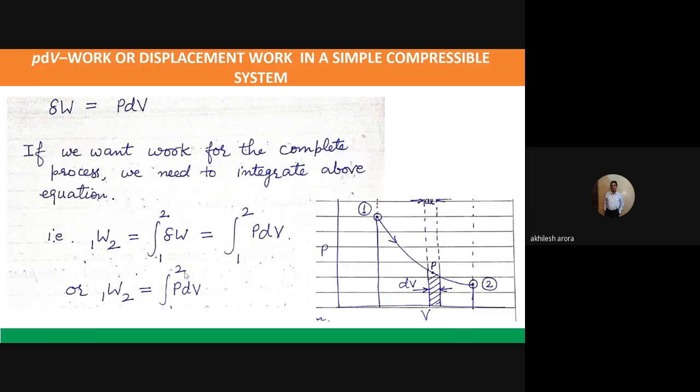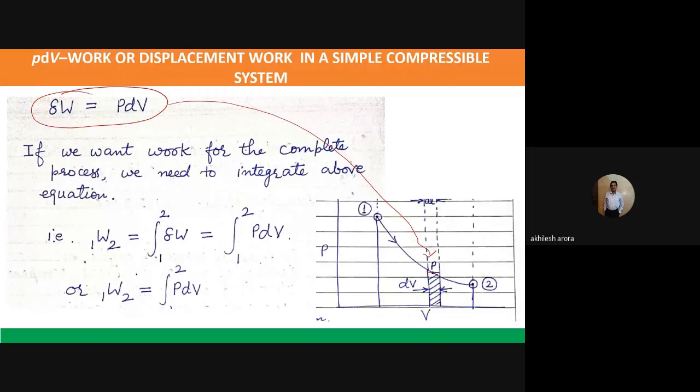So this is the expression here. Now, if I want to calculate, just try to focus on one more thing. See, this is delta W equals PdV on this diagram. If you will see here, this is the pressure.